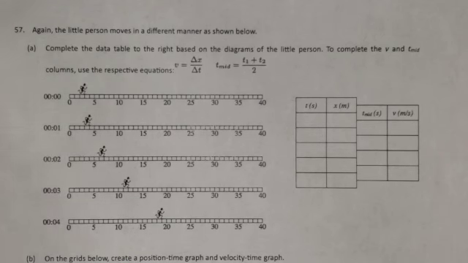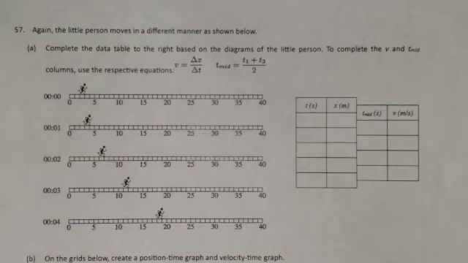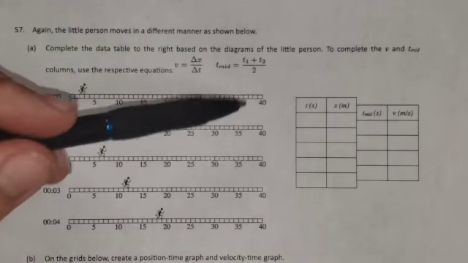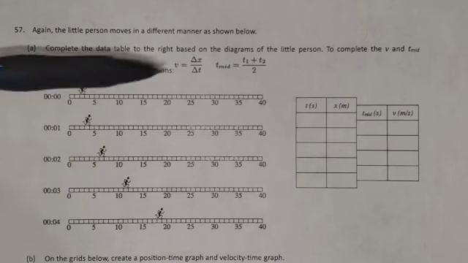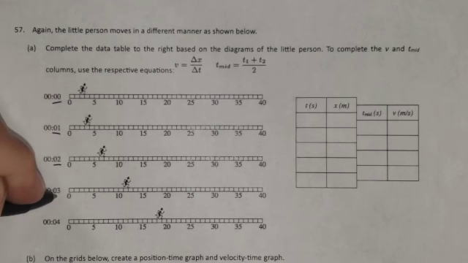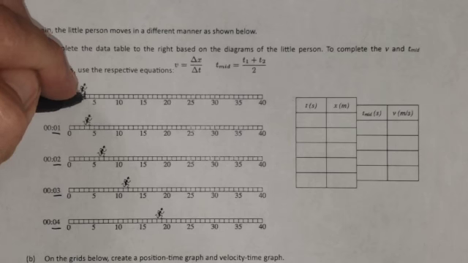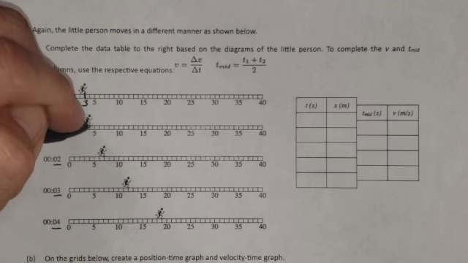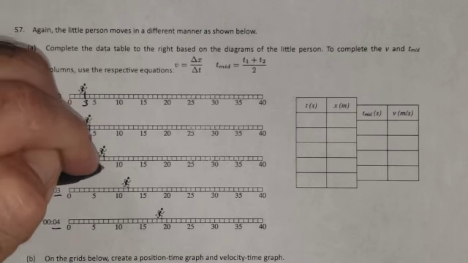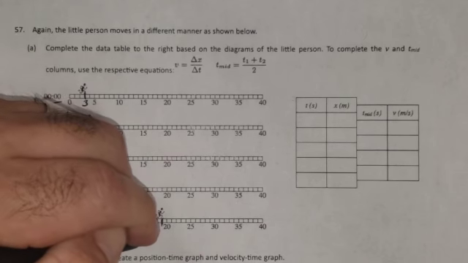So we'll start off by completing this first table to create our data table for time and position. So our time, we have 0 seconds, 1 second, 2, 3, and 4 seconds. And our little person is at 3, 4, 7, 11, and 19.